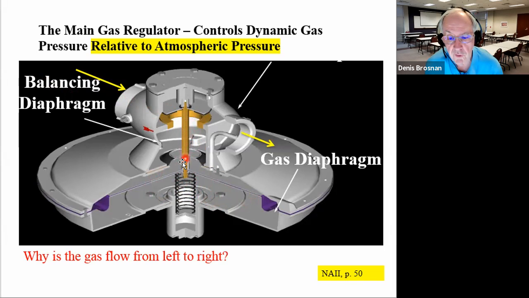And the diaphragm can cause this valve to close more. So it throttles up and down as we may need a constant dynamic pressure in the system. So that's where you come from the main gas supply into a supply for a kiln.